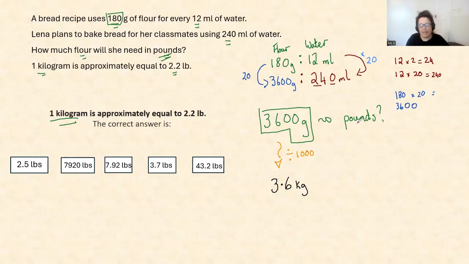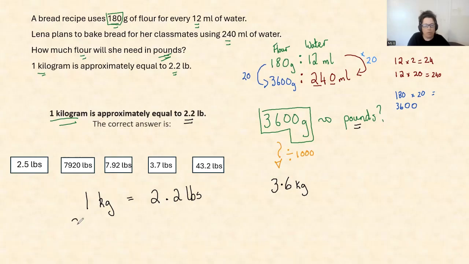Now we still have to get our answer in pounds. 1 kilogram is equal to 2.2 pounds. So I'm going to write over here, 1 kilogram is approximately equal to 2.2 pounds.